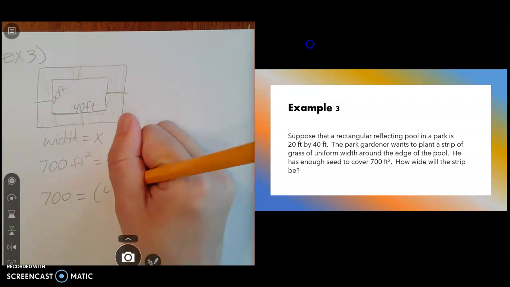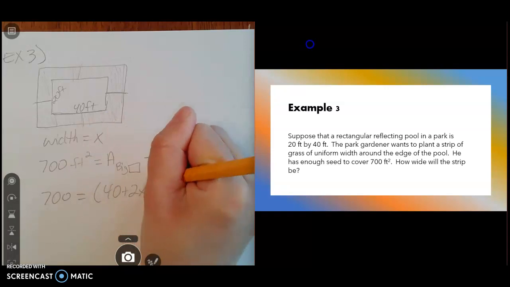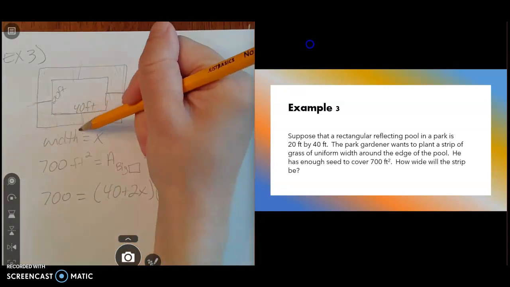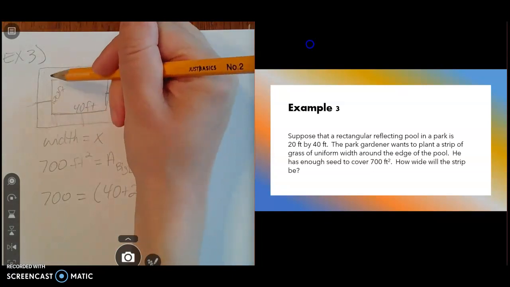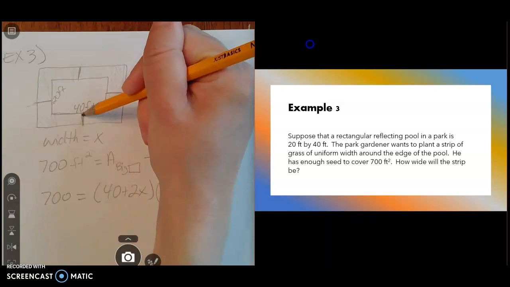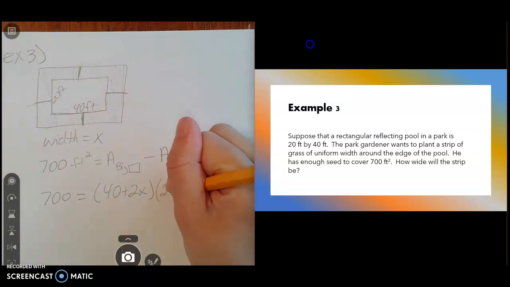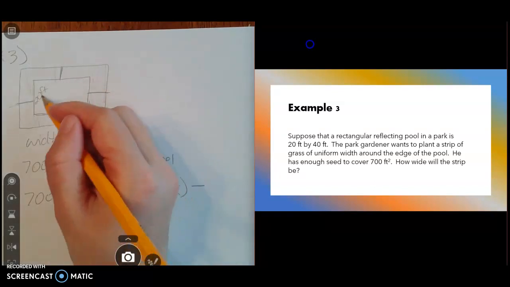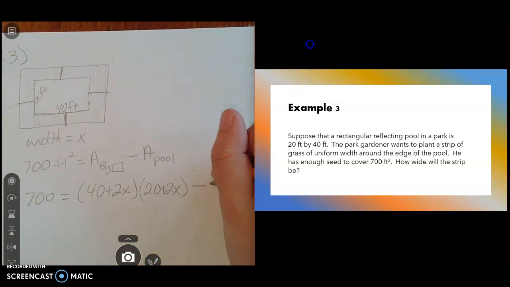So the new length will be 40 plus 2x because we're adding it twice, to the left and to the right. The new width, instead of being 20 feet, we added an x above and an x below, right? So 20 plus 2x would be the new width, minus the area of the pool. The area of the pool is easy to compute. That's 40 times 20. Length times width.